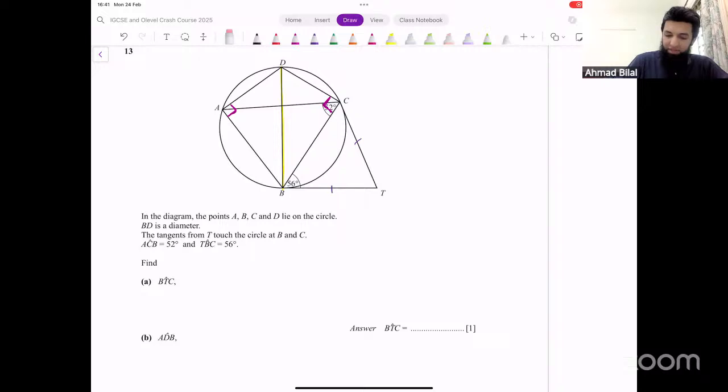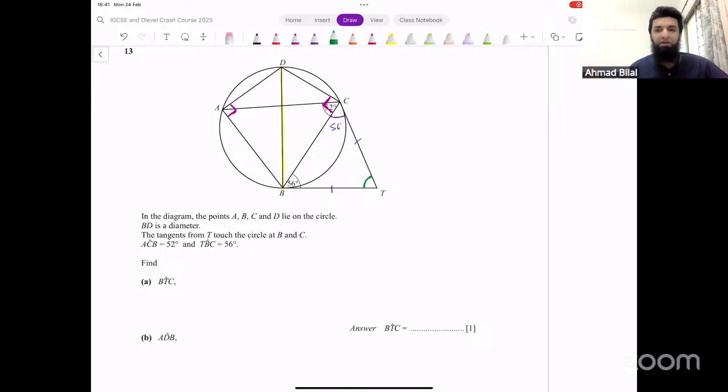That means this angle opposite to this side, if that is 56, the angle opposite to this side should also be 56. So this angle should also be 56. Okay, now let's look at what they're asking about. They want us to find the angle BTC first of all. That's the angle that we're looking for, this angle here.